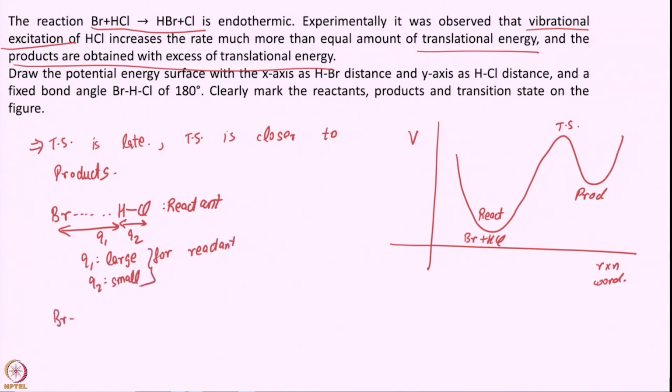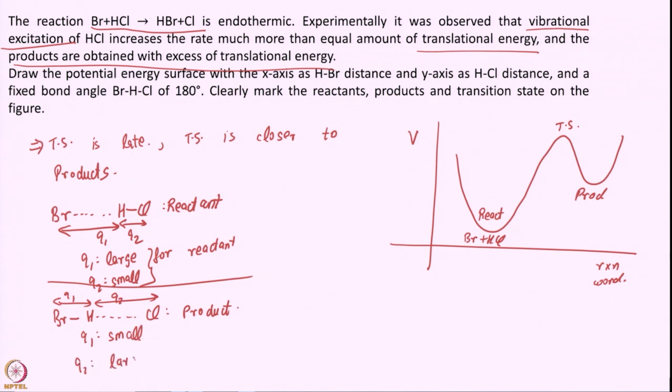My product looks like this, where you have HBr and Cl far separated away. Here Q1 is small, this is Q1, this is Q2, and Q2 is large. So, for my reactant I will have large Q1 and small Q2, and the opposite for the product.